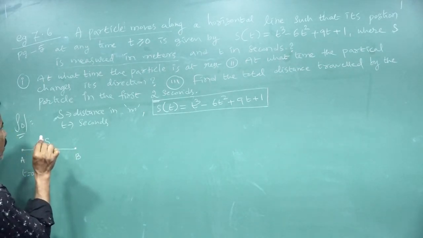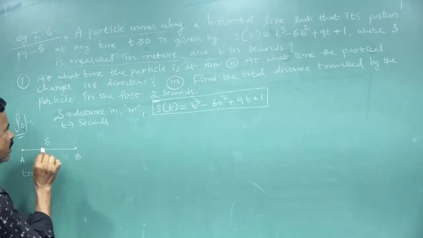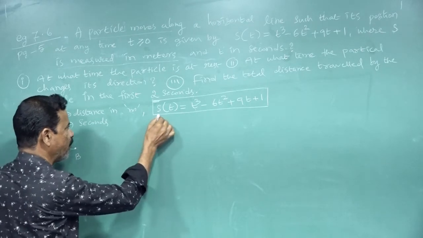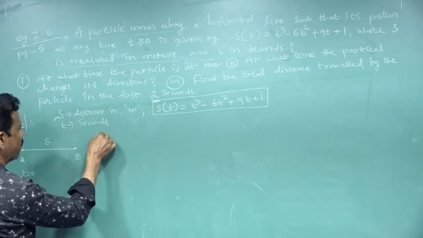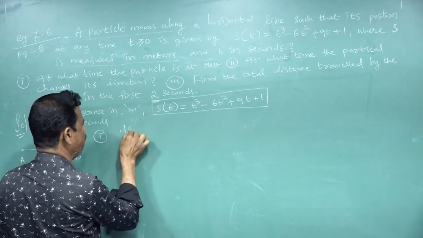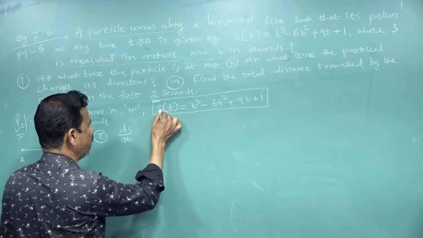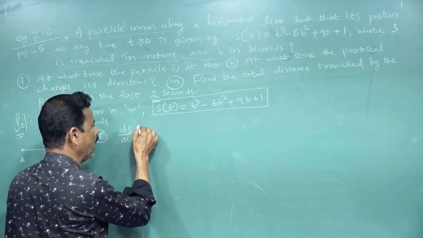So at what time is it at rest? That means ds by dt is equal to 0. First we find the differentiation of this, number 1 question, subdivision 1. So ds by dt, S means S of t, no need of again t.